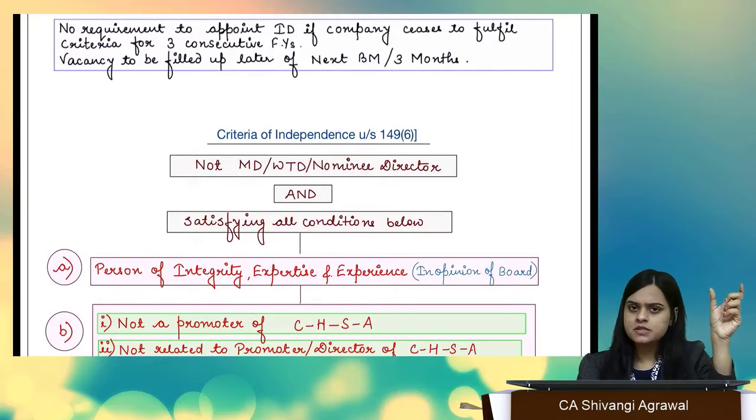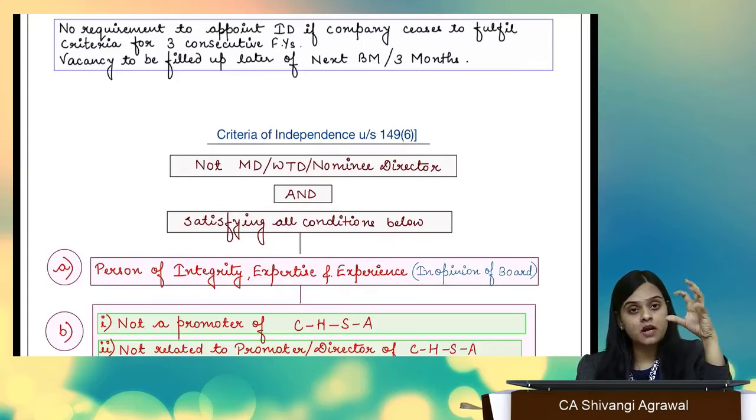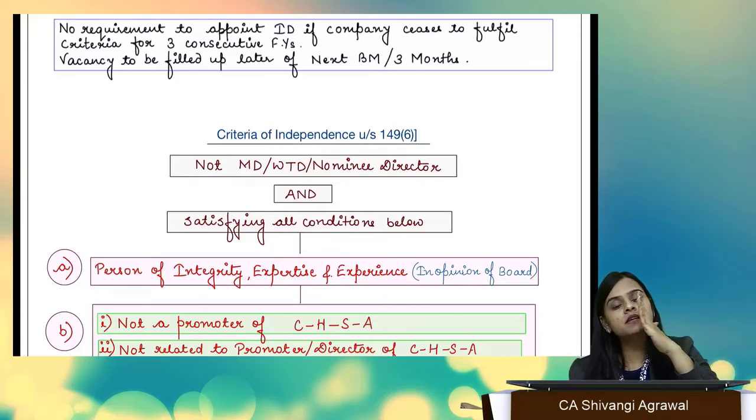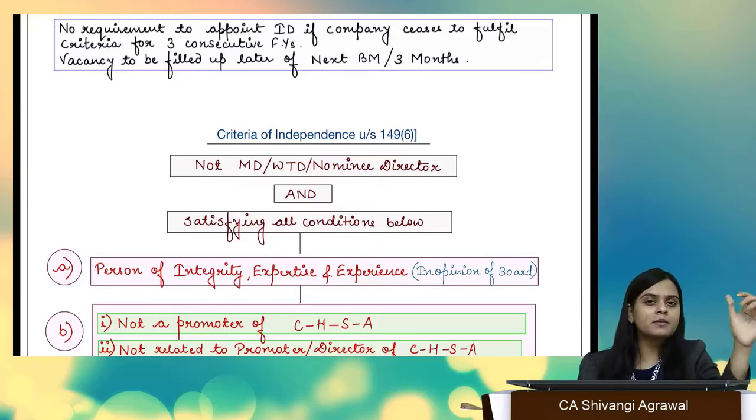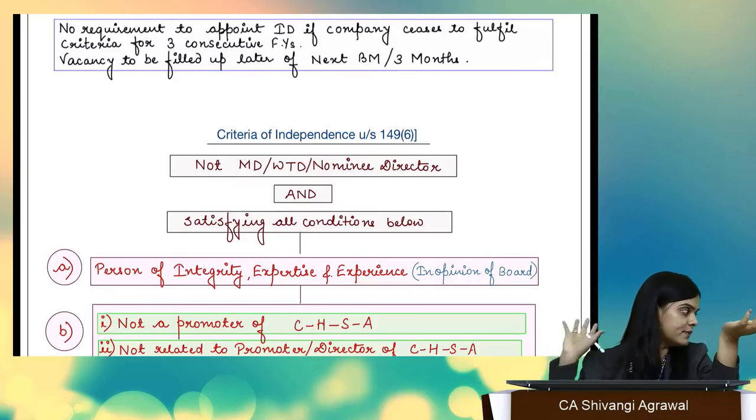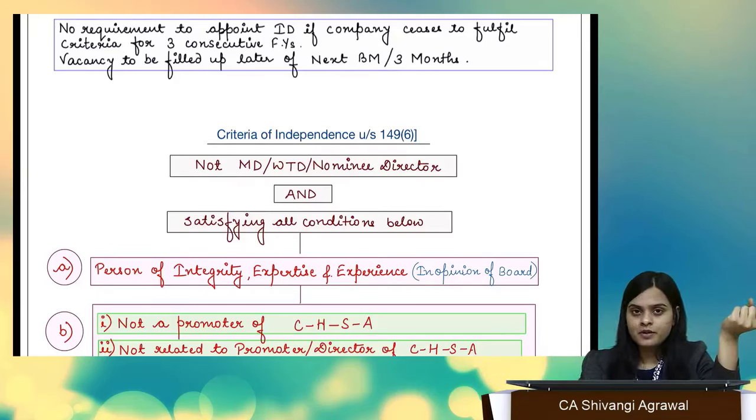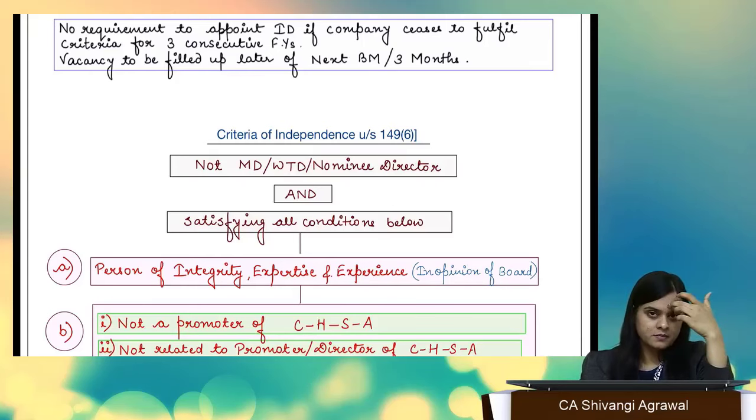So 150 crores is the turnover. You appoint independent directors. Next year, the turnover comes down below 100 crore. Again below 100 crore. Again below 100 crore. So if for 3 consecutive years you fail to meet that threshold, then there is no requirement for appointment of independent director.